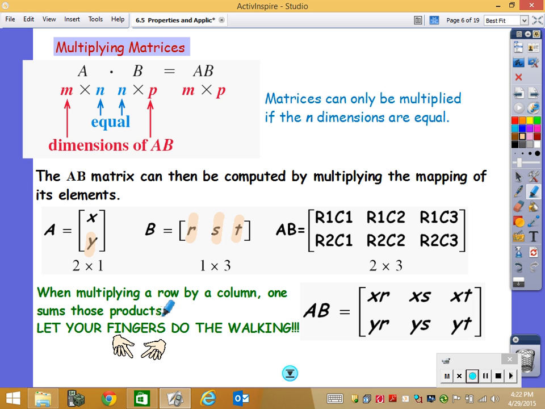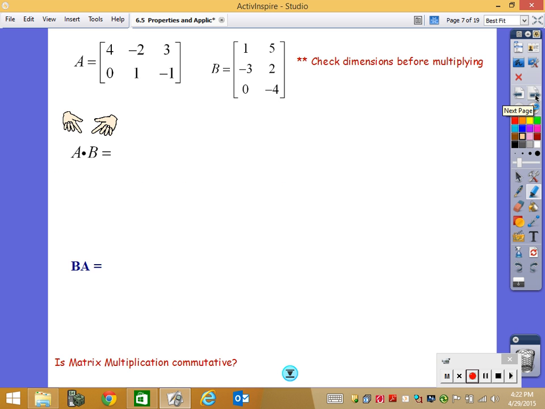So let's try a little bit more complicated one. First, matrix A: 4, -2, 3, 0, 1, -1. Matrix B: 1, 5, -3, 2, 0, 4.